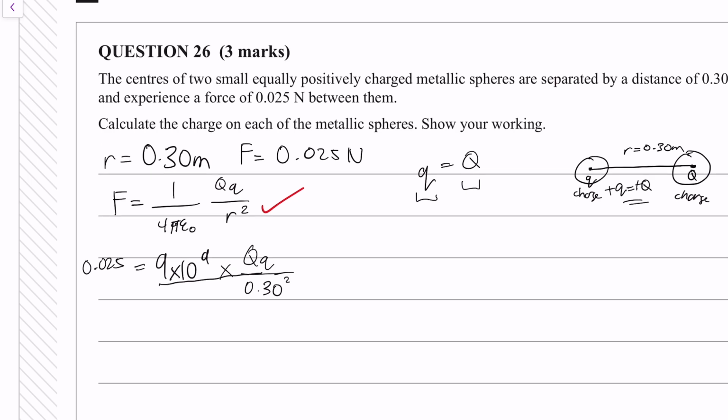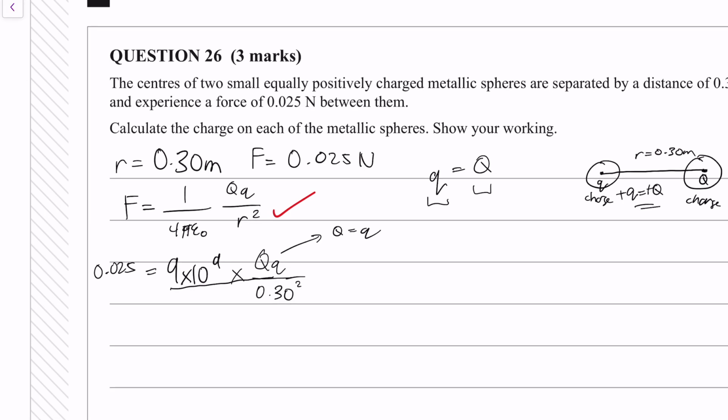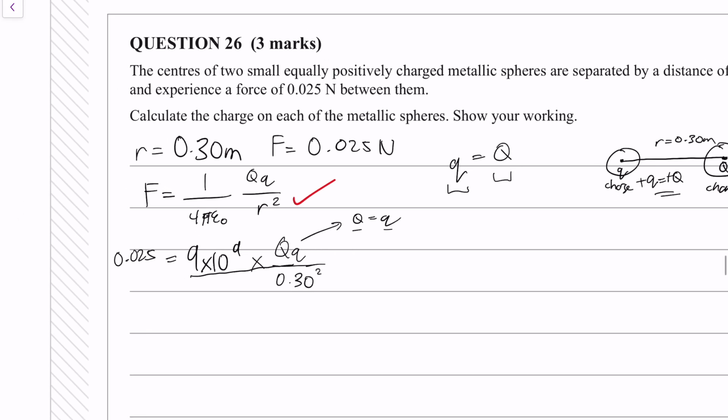Now what could we do here? We could say that because Q equals Q, these two different charges going against each other, we can just substitute one of these into there, and therefore instead of two different charges, we can just let it equal one charge, and so we have Q times Q, which is the same thing, and so we have Q squared.